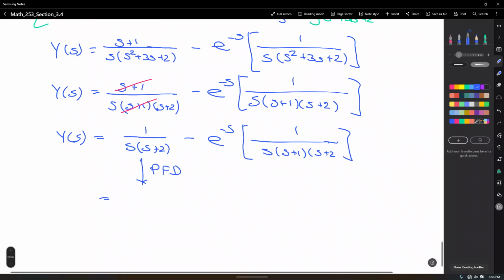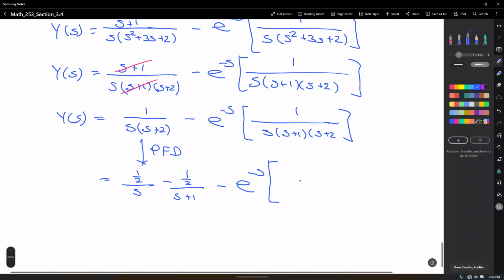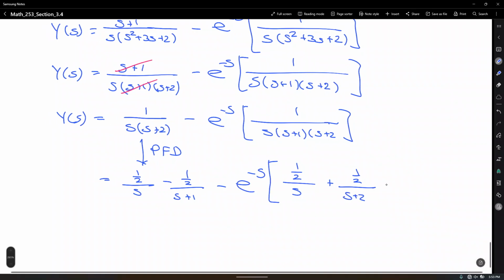That equals 1 half over s plus 1 half over s plus 2 minus 1 over s plus 1.